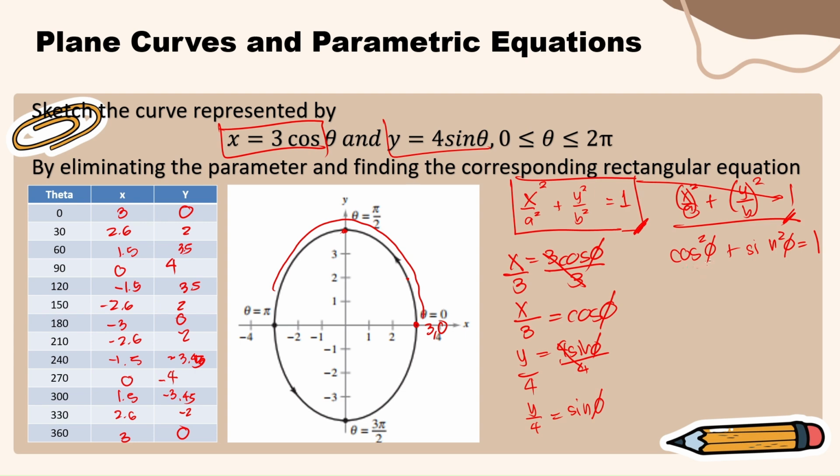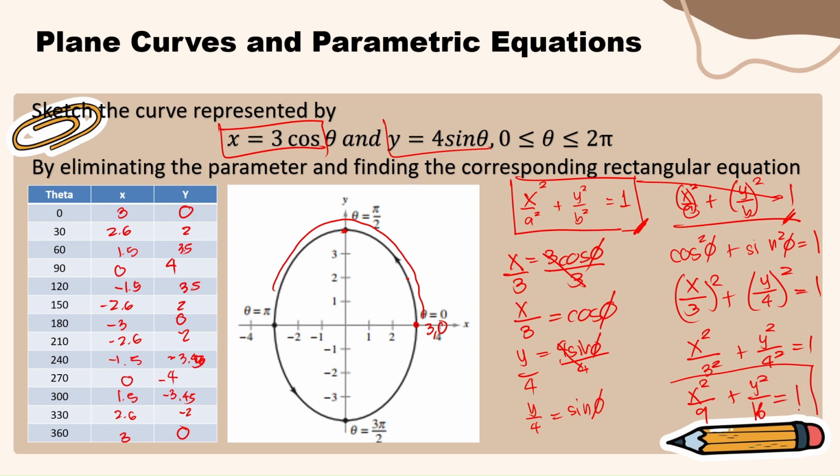Since cosine theta dito, replace lang natin siya with x over 3. That will give us x over 3 squared plus y over 4 squared is equal to 1. Then distributing the square here, we will have x squared over 3 squared plus y squared over 4 squared equal to 1, or that could be simplified further as x squared over 9 plus y squared over 16 is equal to 1.